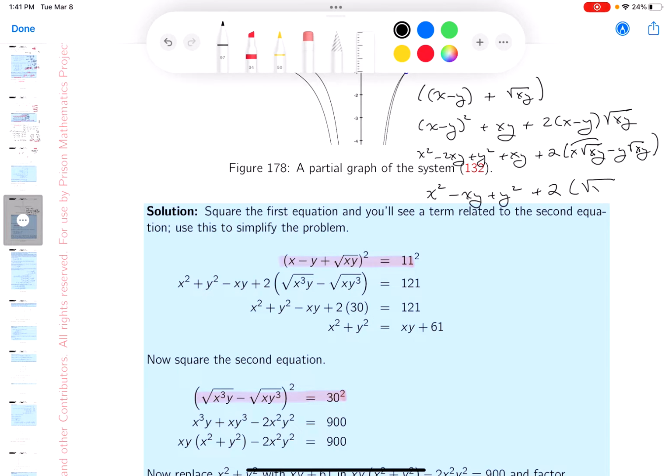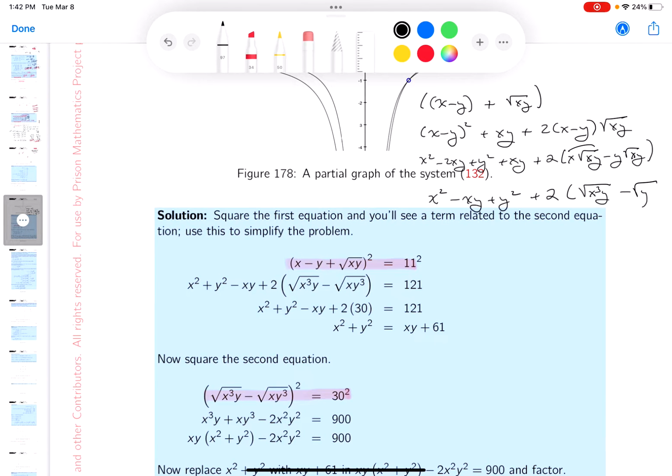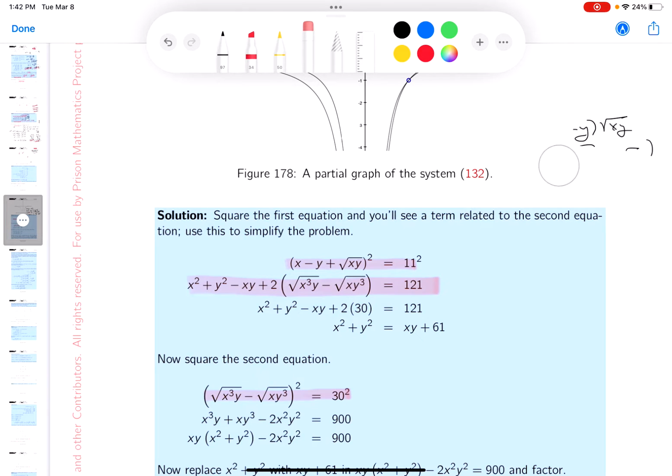Sorry about that. Minus, I'm bringing the y on the inside, and that's going to be y squared, so it's y cubed. All right, so I want to tell you where this is. This is written right over here. I got everything I need. Let me erase this, and I'm pretty comfortable that I have something here.